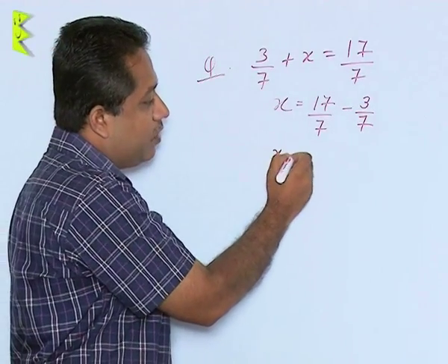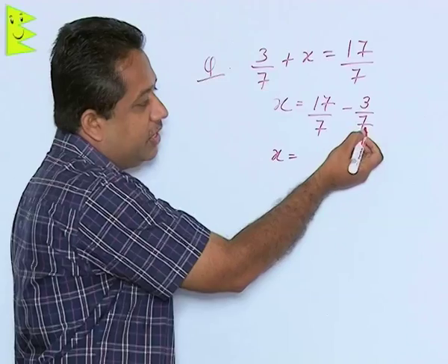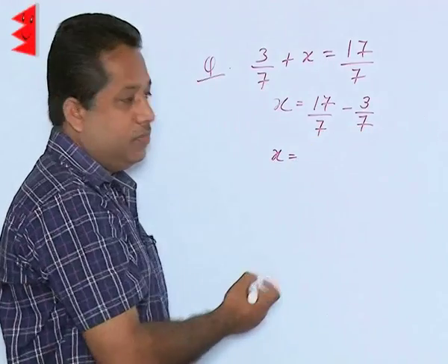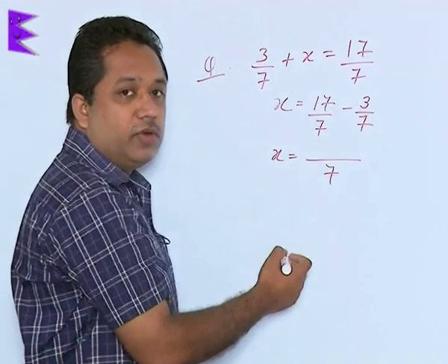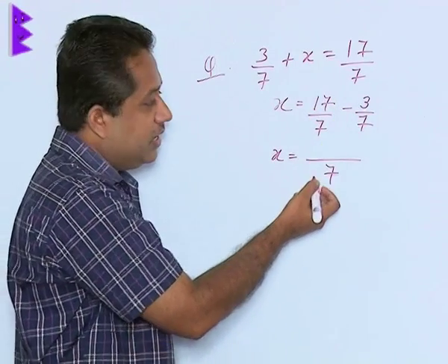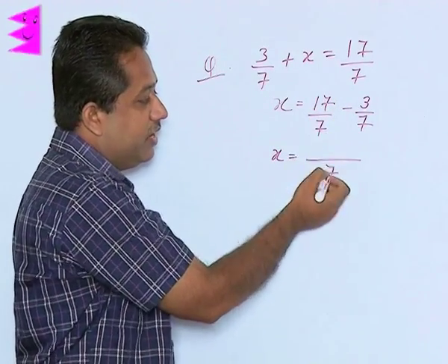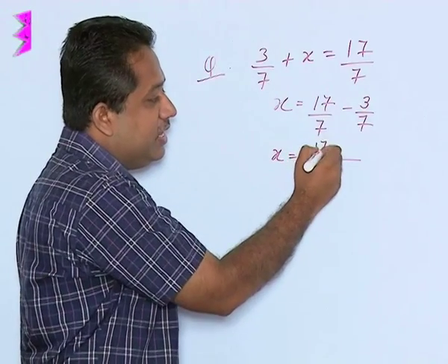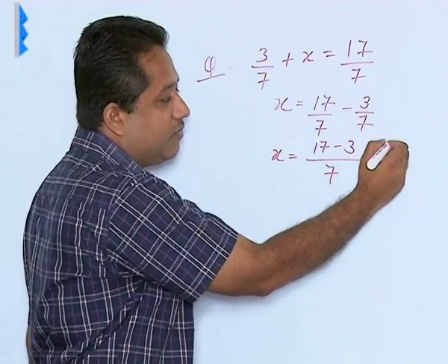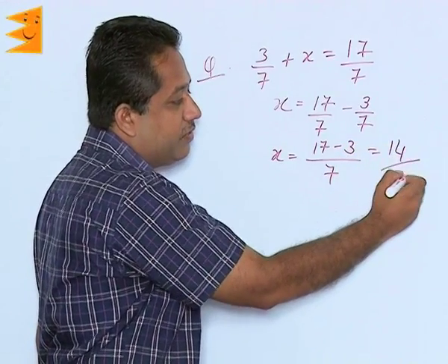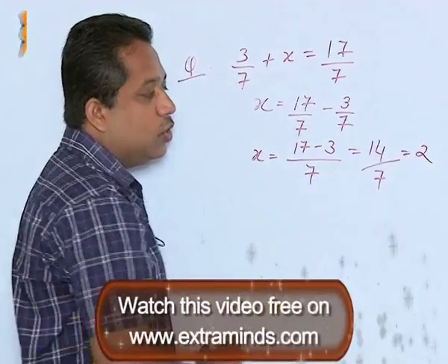Now, x can be found out very easily, because here the denominators are same. If the denominators are same, we can add or subtract the numerators directly without taking the LCM. So, the numerators are 17 and minus 3. 17 minus 3 we get 14, 14 upon 7 we get the answer as 2.